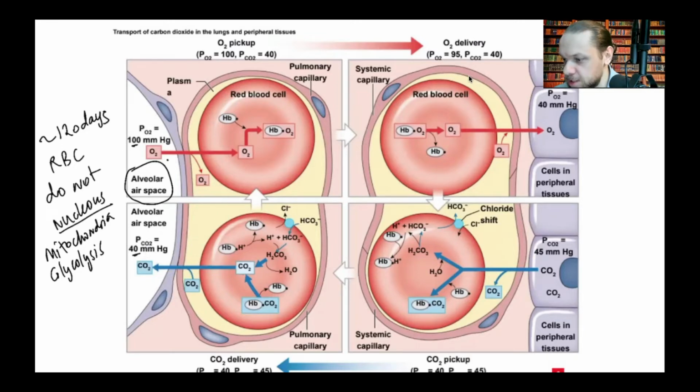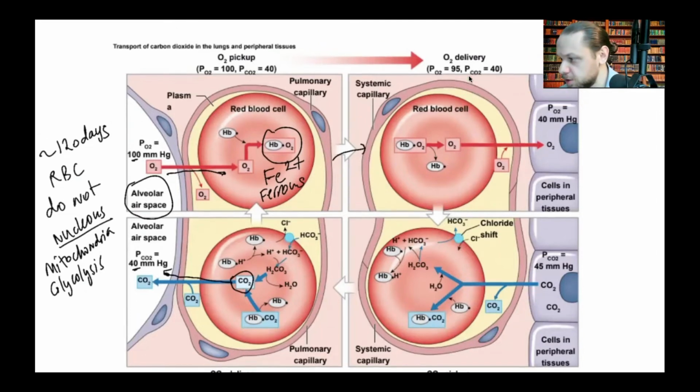Oxygen gets loaded in the lungs onto the hemoglobin molecule, specifically at the iron, Fe2+, which is the ferrous form. So oxygen gets loaded, and here we see the carbon dioxide that was there from the tissues gets offloaded into the atmosphere.